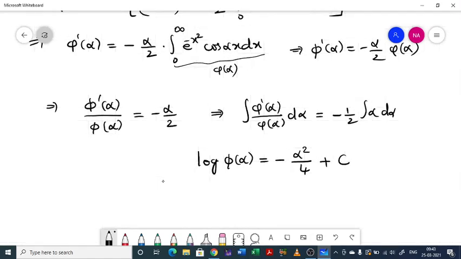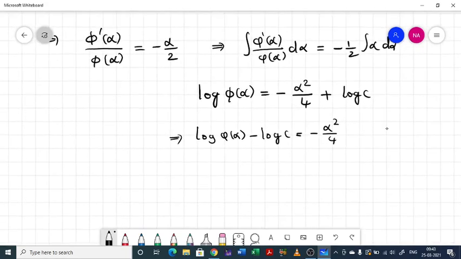So we got log of phi of alpha equal to minus alpha square by 4 plus c. Since we have log here, we can take this c in terms of log. Let us take that as log c. So log of phi of alpha minus log c will be equal to minus alpha square by 4.